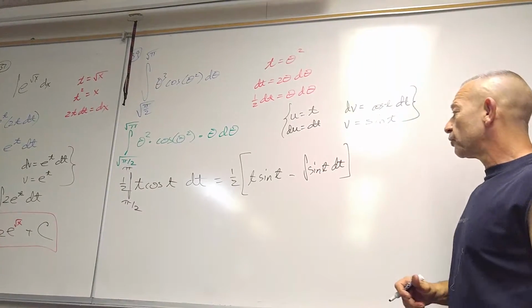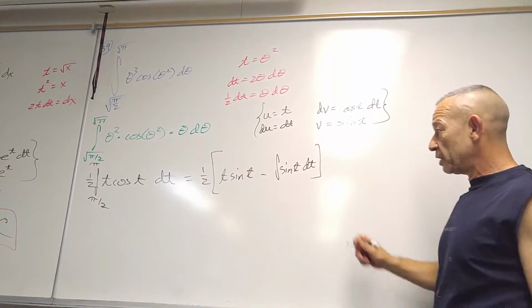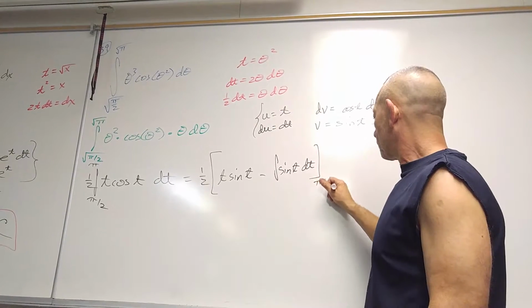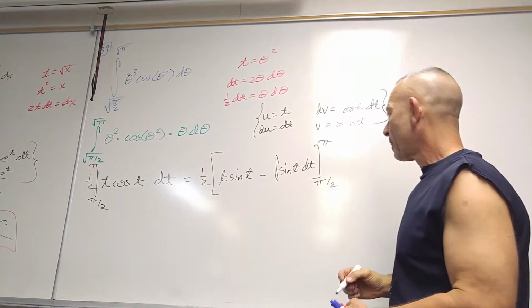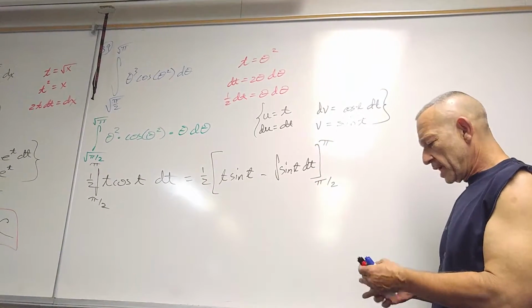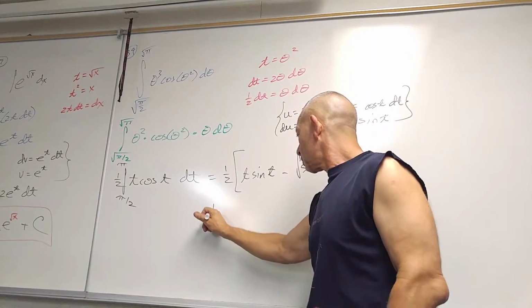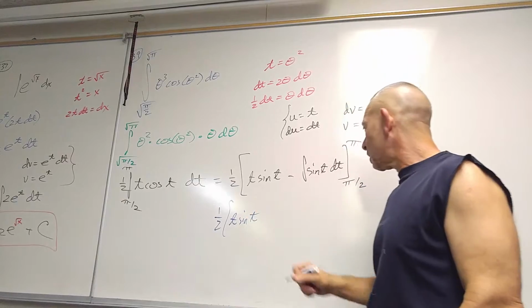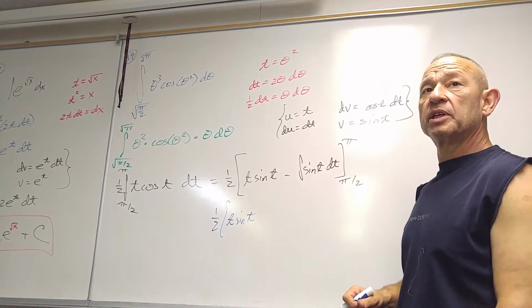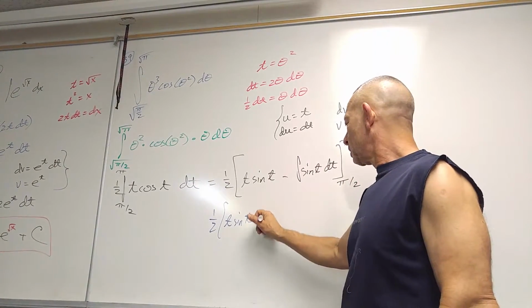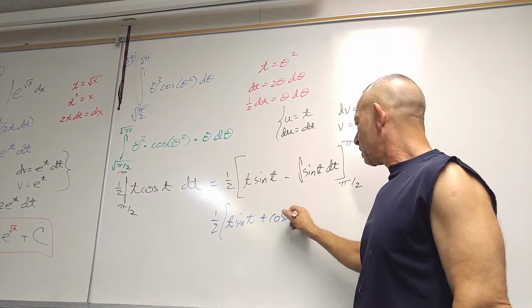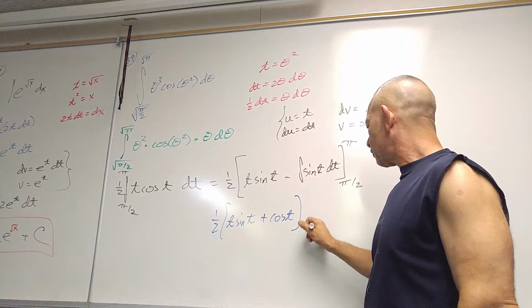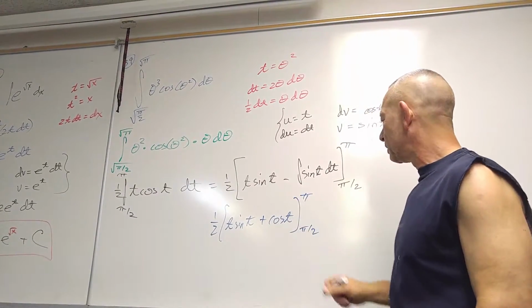And all this is going to be evaluated from pi over 2 to pi. So 1/2 t sine t, and the integral of minus the sine of t? Cosine t. And this is all evaluated from pi over 2 to pi.